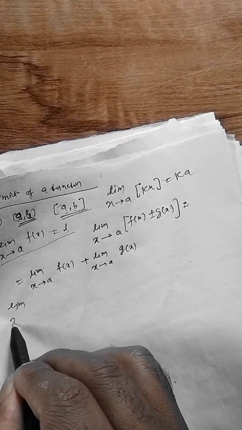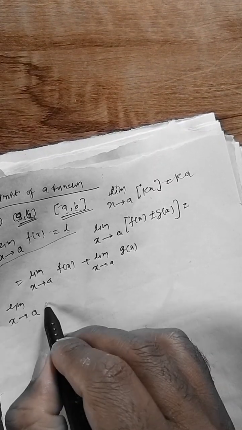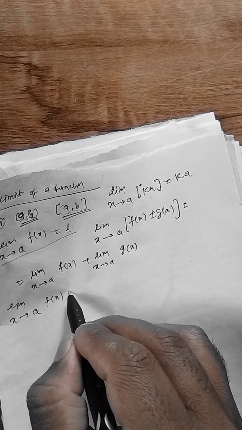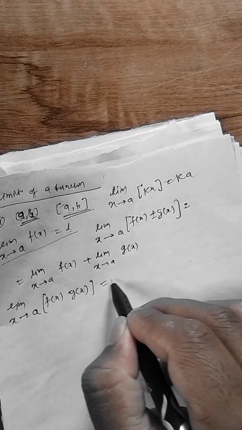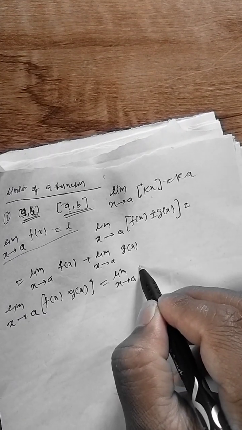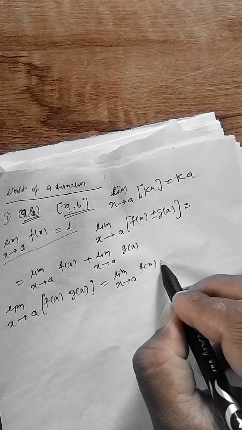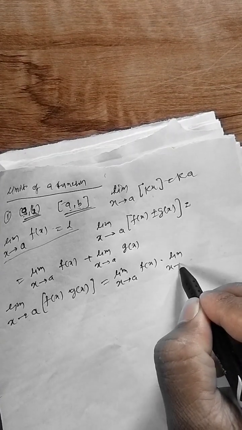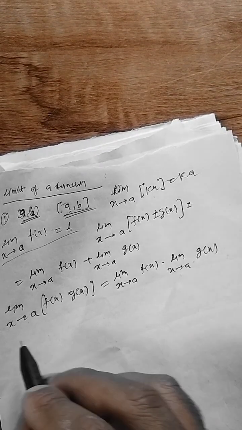Limit x tends to a, f of x into g of x is equal to limit x tends to a, f of x into limit x tends to a, g of x.